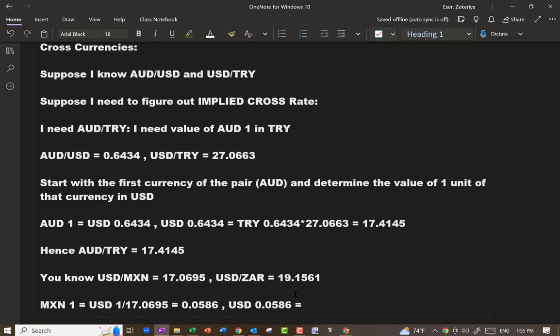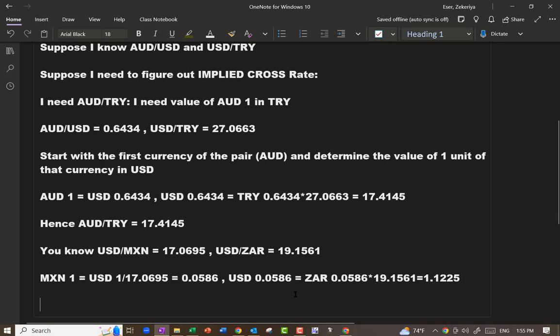Since South African rand is quoted in the direct way, I don't have to do anything complicated in the second stage. So take that 0.0586, multiply it with 19.1561. So MXN/ZAR is equal to 1.1225. Okay.